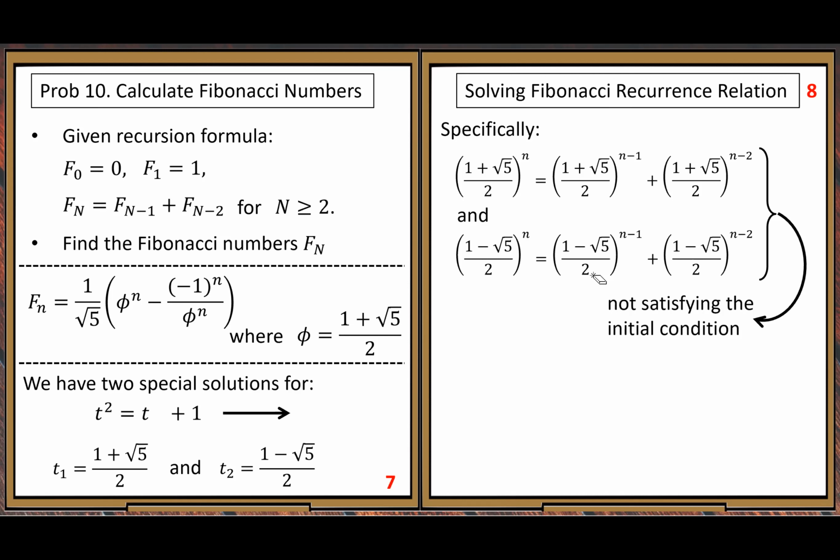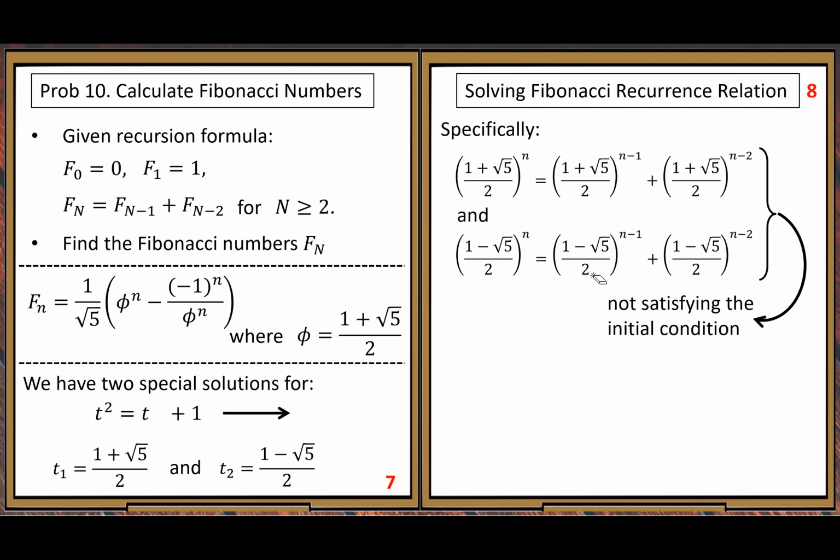Then the question. After we get these two equalities, the next thing we need to think about is the initial condition. We need to make our final solution satisfy the initial condition.